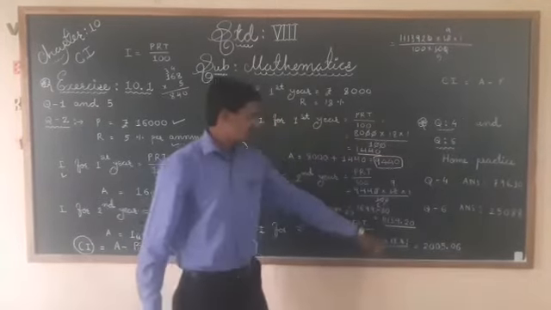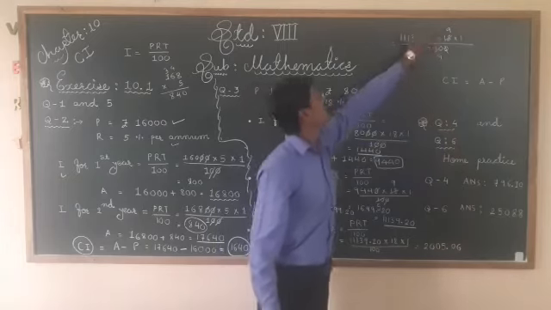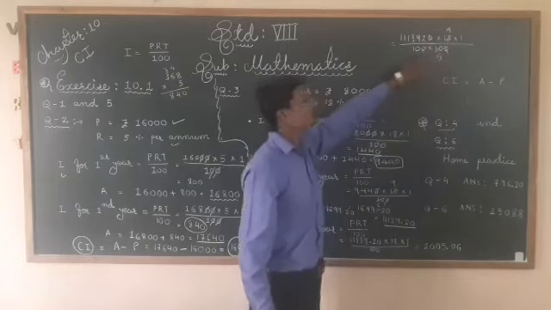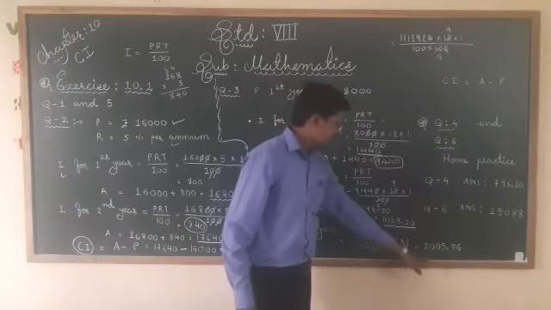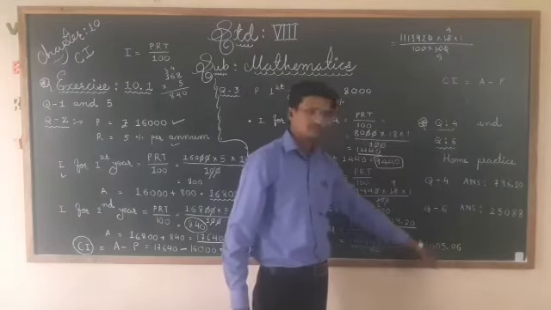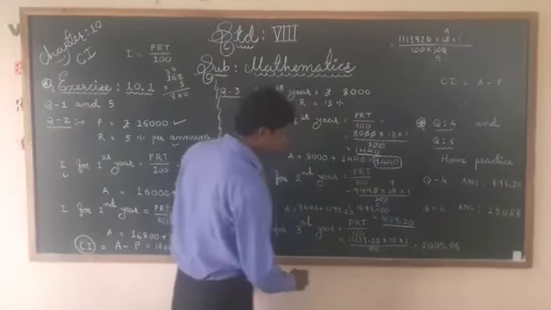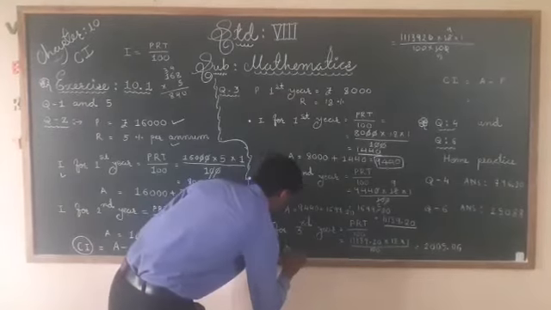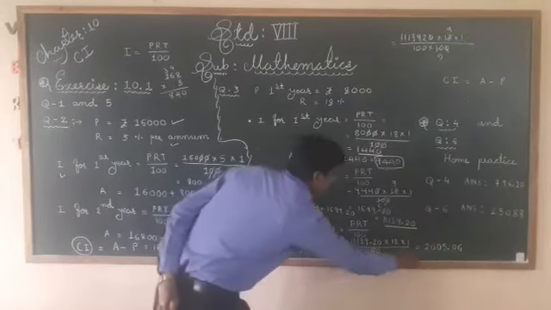So 2,005.06 you will get when you multiply these two, divide by 5, and after that put the decimal point. Then addition with the third year. So here the addition total is what?